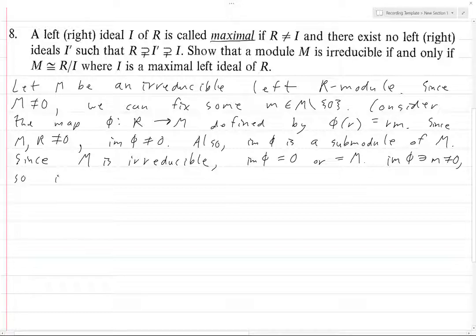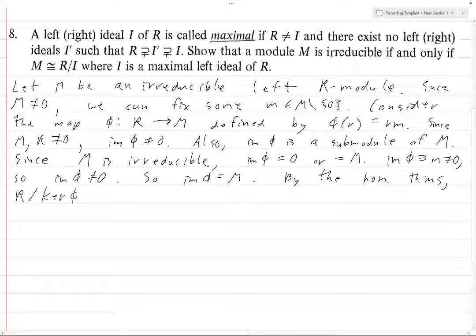So the image of phi is not 0. So the image of phi is M. By one of the homomorphism theorems, R mod kernel of phi is isomorphic to M.